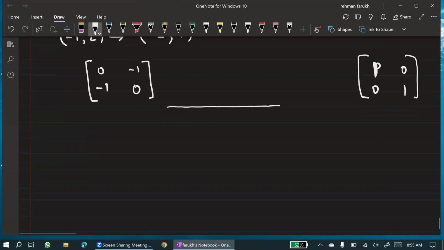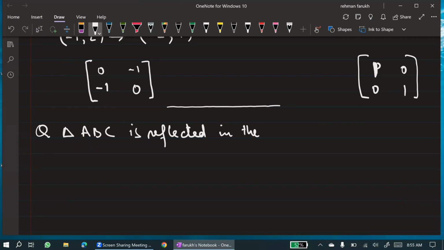Now, how can we use the matrix to find out the coordinates for the image diagram? Now the question is, triangle ABC is reflected in the line y is equal to x.